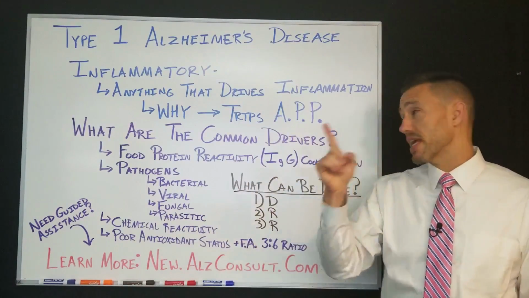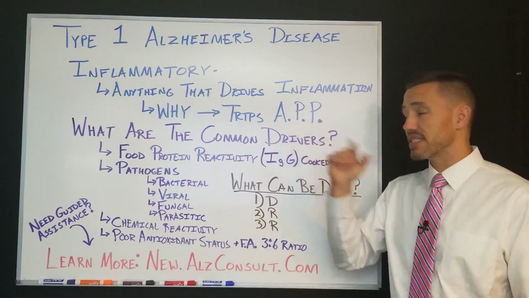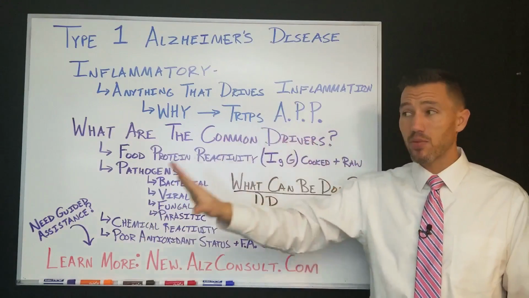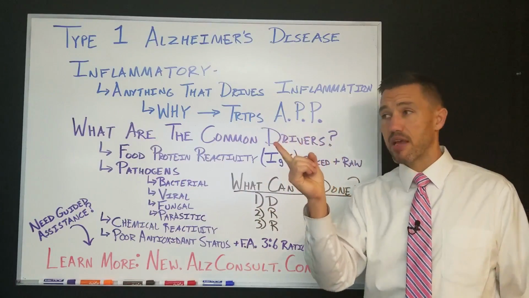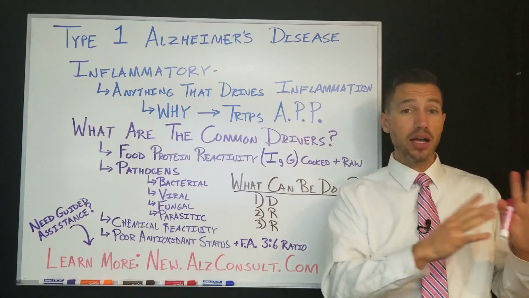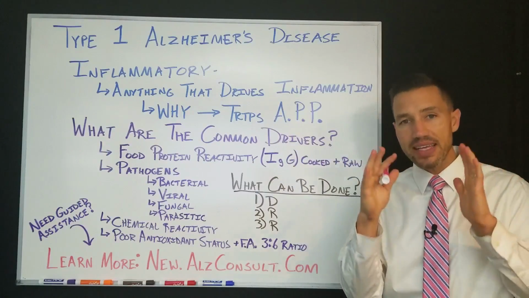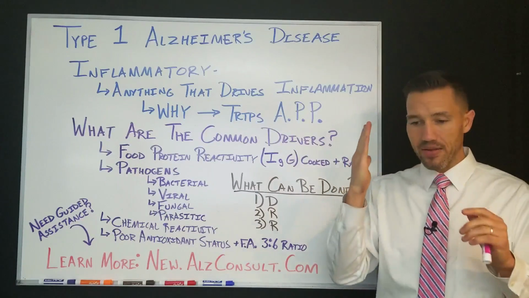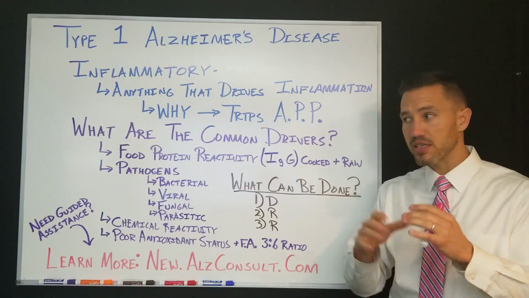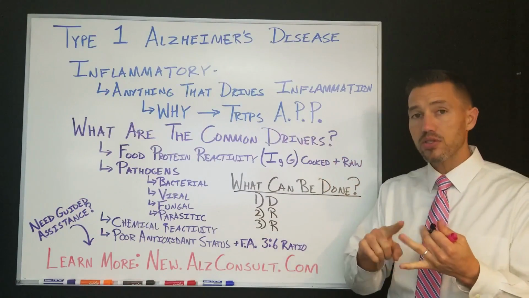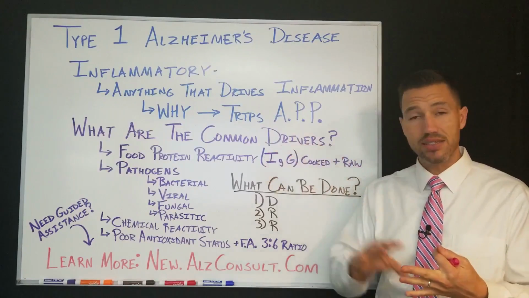So if we can understand this switch, the things that trip that switch in a bad way and promote Alzheimer's, or if we can figure out the things that trip that switch in a positive way that keep the brain healthy, then that can give us control so that we can intervene with dietary and lifestyle interventions to help halt, slow, or reverse the changes seen with Alzheimer's.